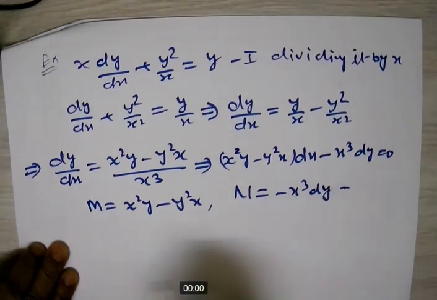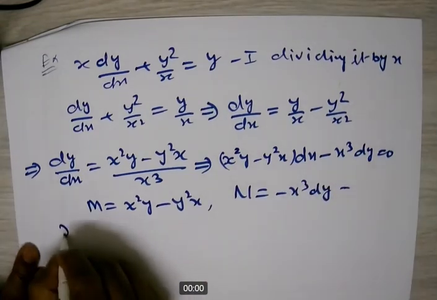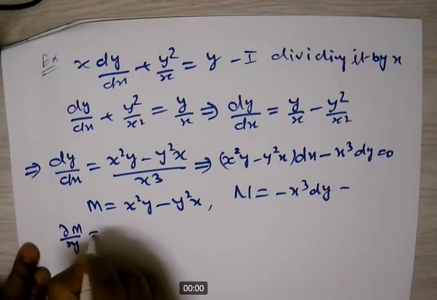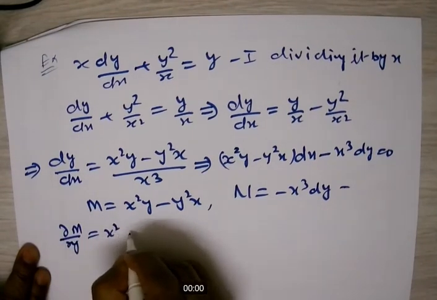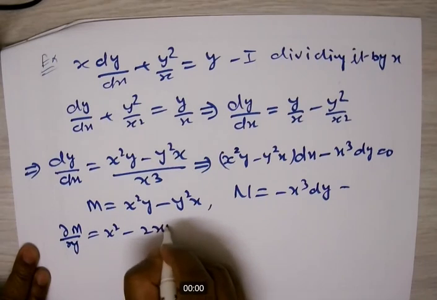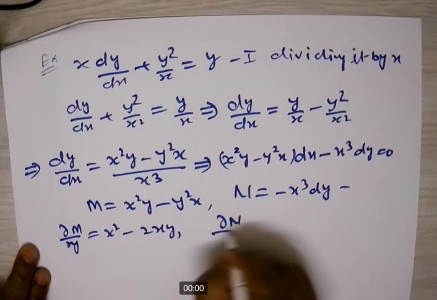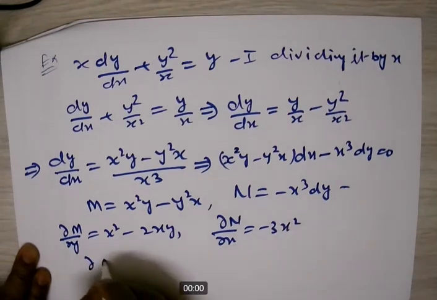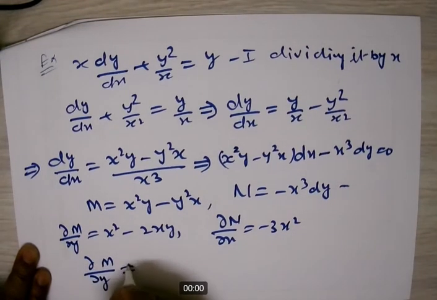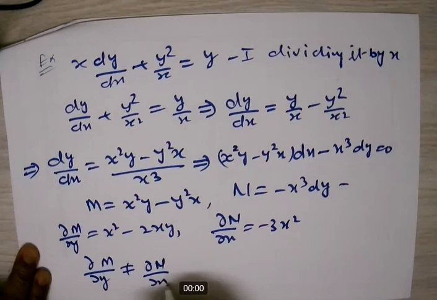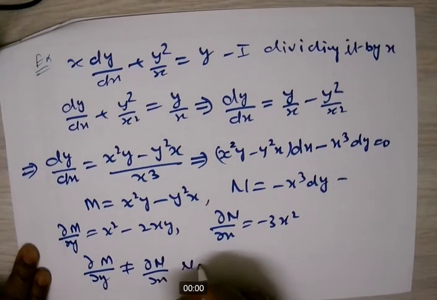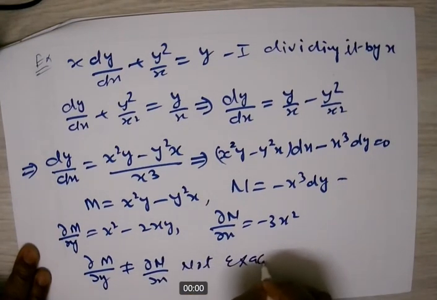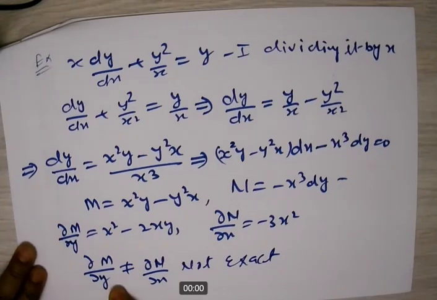Now check del M del y. Del M del y is x square minus 2xy, and del N del x is minus 3x square. Del M del y is not equal to del N del x, so the given differential equation is not exact.